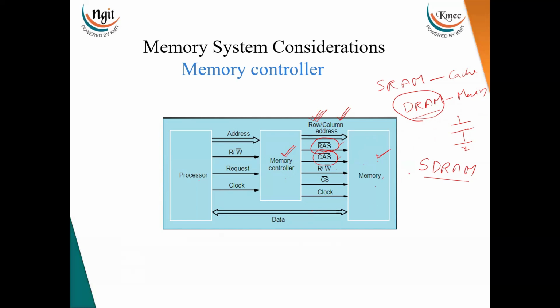If the SDRAM chips do not have a self-refreshing circuit, then the memory controller should do the refreshing of the DRAMs. After sending the RAS signal, the row will be selected and placed onto the latches. At that time the memory controller will refresh all the DRAMs in the memory. Like that, the memory controller will take care of the refreshing also.